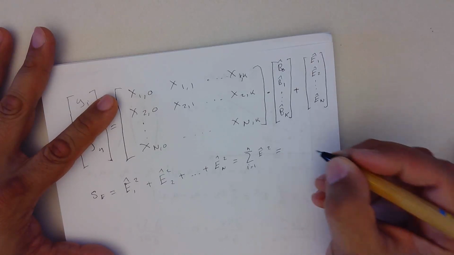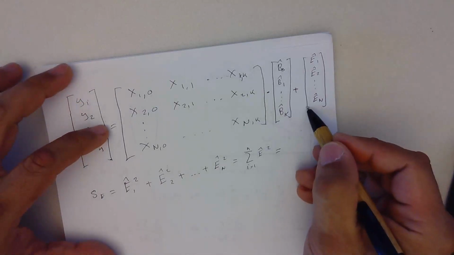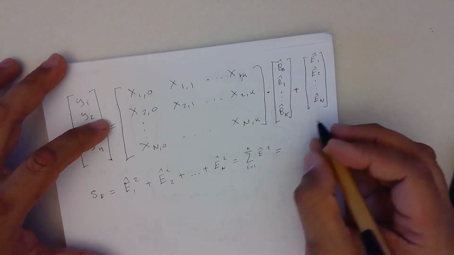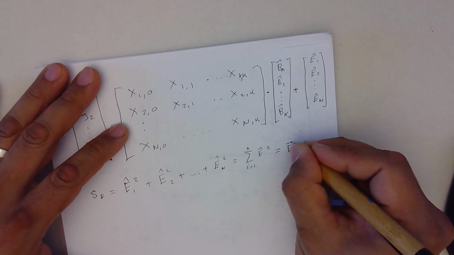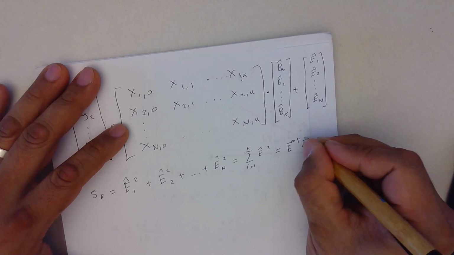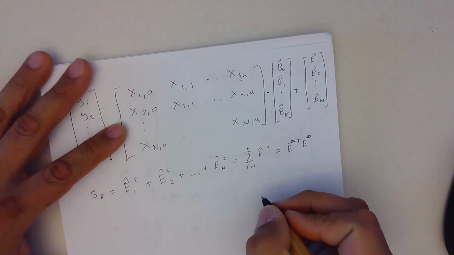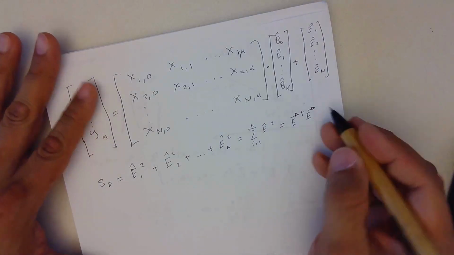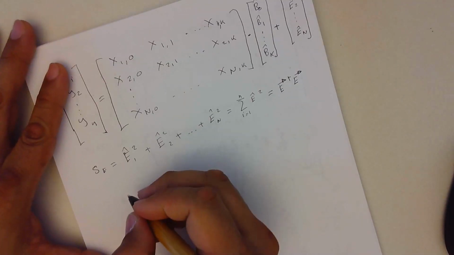We have to multiply by itself, but because the columns and rows will not match, we need to do the transpose. So we have to do something like this, transpose, right? So this is the sum of the square of the vectors in this case. And we have to optimize that, right?